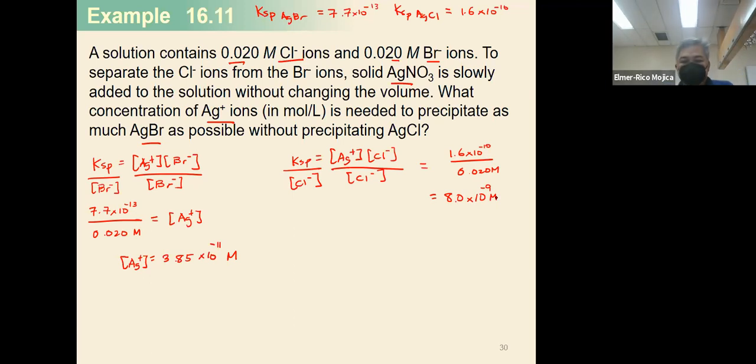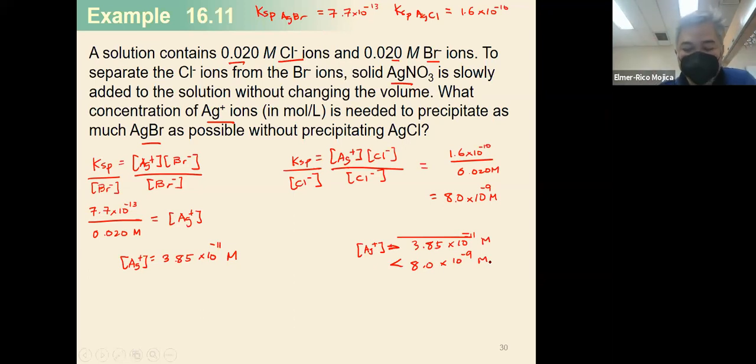So how do we interpret this? The silver ion concentration you need would be above 3.85 times 10 to the negative 11, but below 8.0 times 10 to the negative 9.